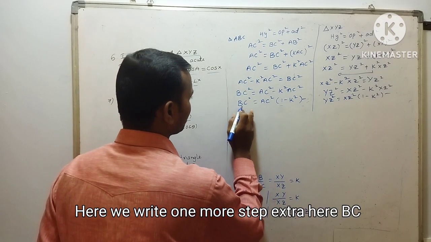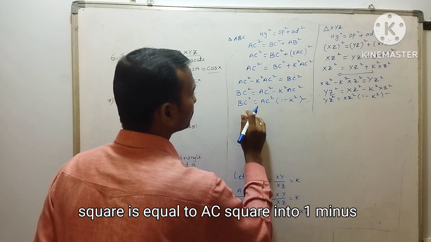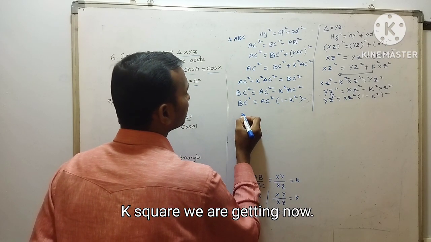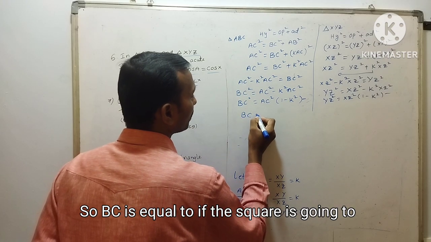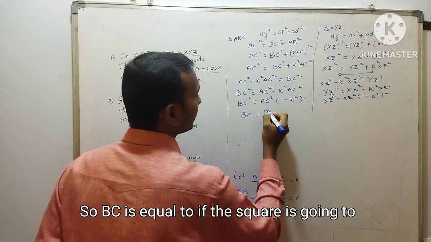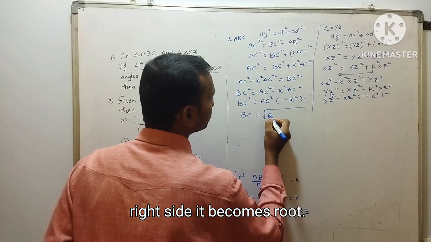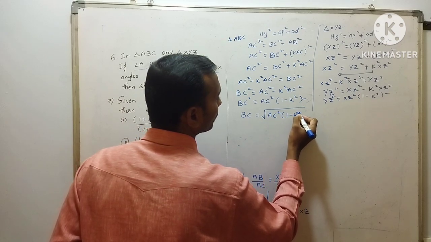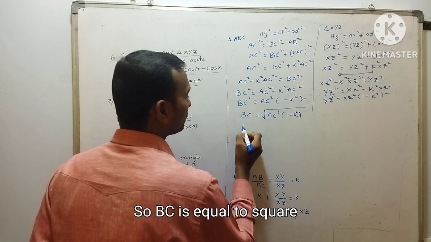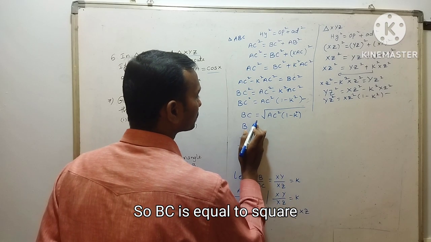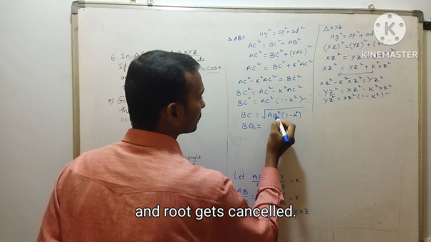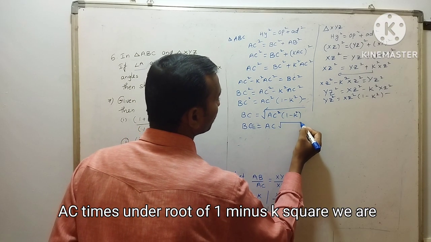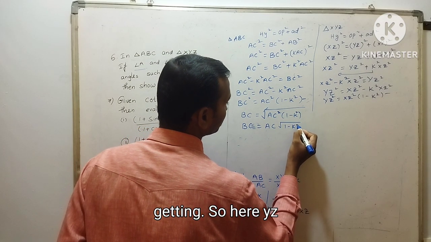Here we write one more step extra here. BC square is equal to AC square into 1 minus k square we are getting now. So BC is equal to, if the square is going to right side, it becomes root. So BC is equal to, square and root get cancelled, AC times under root of 1 minus k square we are getting.